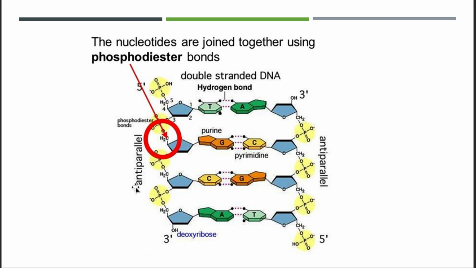And the 2 polynucleotide strands run anti-parallel to each other. One strand runs from 5' to 3', and the other strand runs from 3' to 5'. This explains the anti-parallelity of DNA.